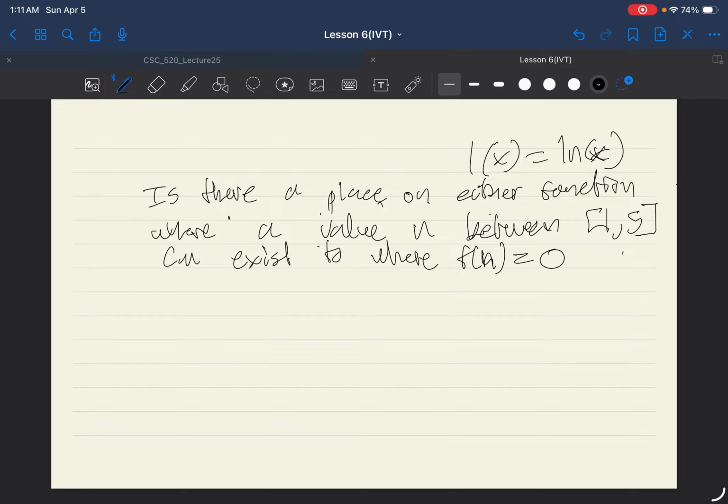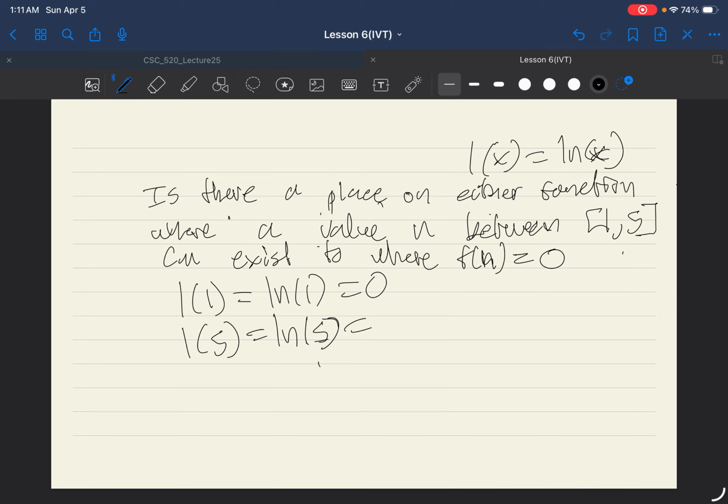So this function L of x, we obviously need to take L of 1 and then L of 5. L of 1 is ln of 1, which is going to be 0. And then ln of 5 is going to be, well, a number higher than 0. It really doesn't matter what ln of 5 is. We can literally just leave it as ln of 5. This is perfectly fine as is.